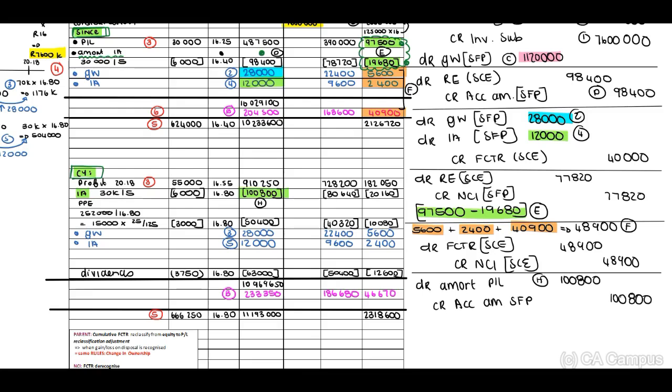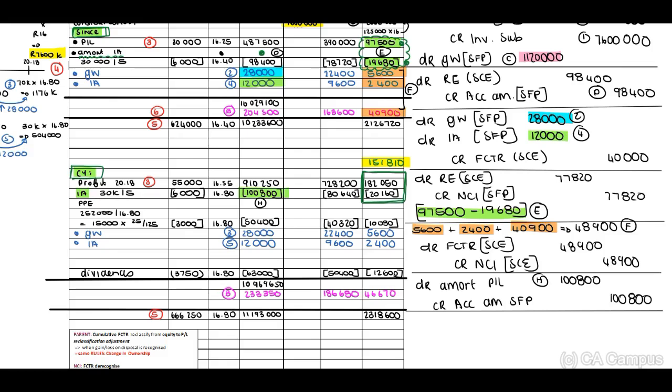Right, next, what do you identify in your analysis of owner's equity? We have to allocate our NCI's portion of the profit. Therefore, this will be the total of this, 182,050 minus 20,160, and this will be 151,810.